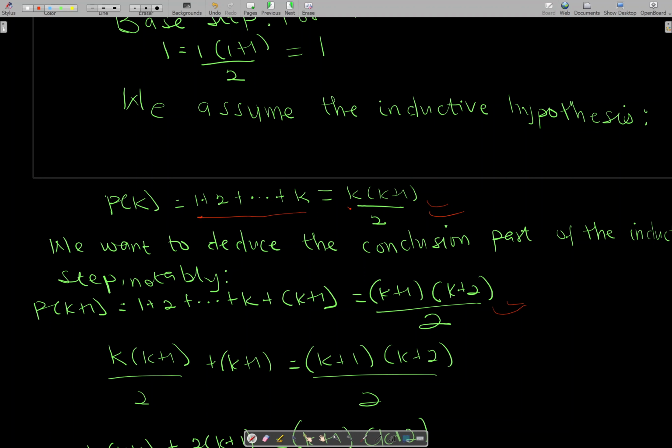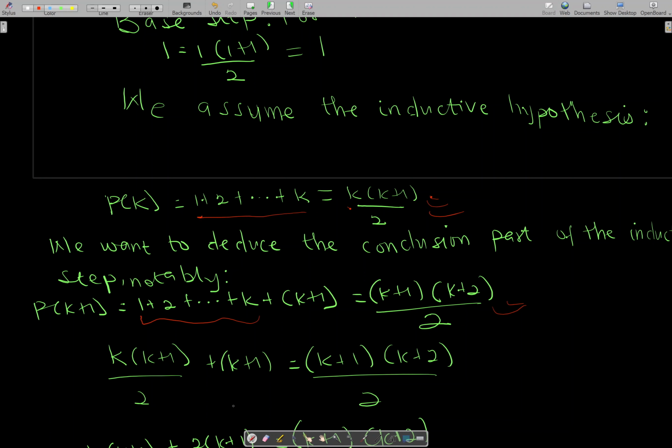That is k plus 1 multiplied by k, divided by 2. So in P of k plus 1, we can replace all these terms by the right hand side of P of k, that is k plus 1 multiplied by k, divided by 2.